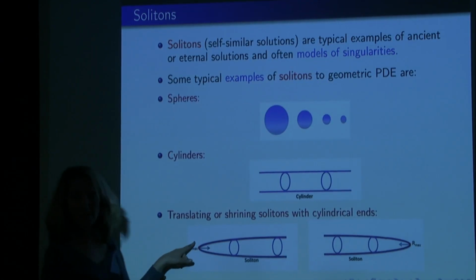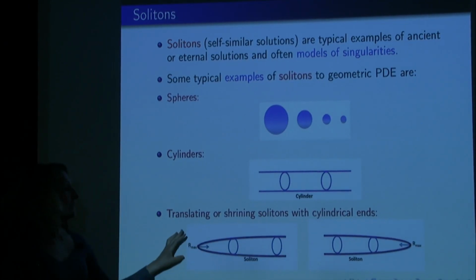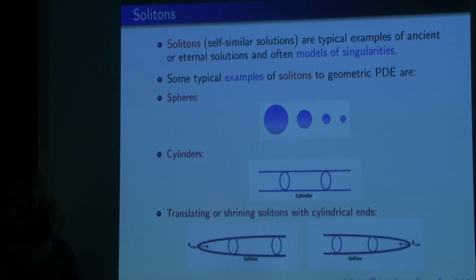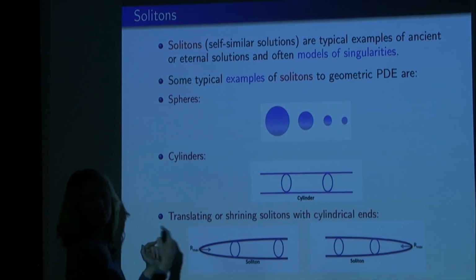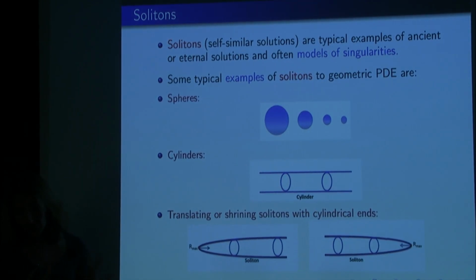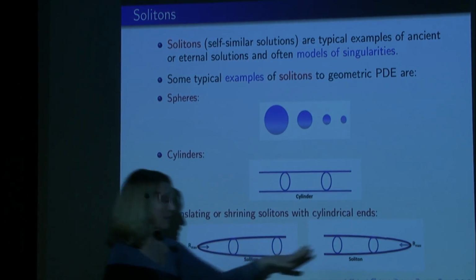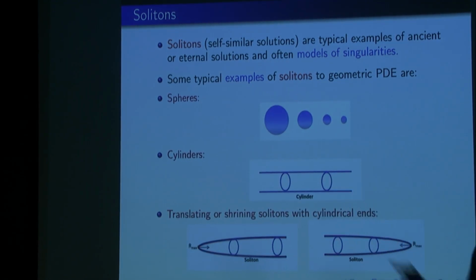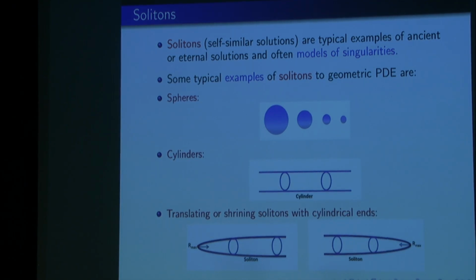So really, in these ancient solutions, very close to minus infinity, here you see a translating soliton, or it could even be a shrinking soliton. And on the other side, you see something like that. And in the middle, typically, you see a very long cylinder. Okay? And so these appear all the time.